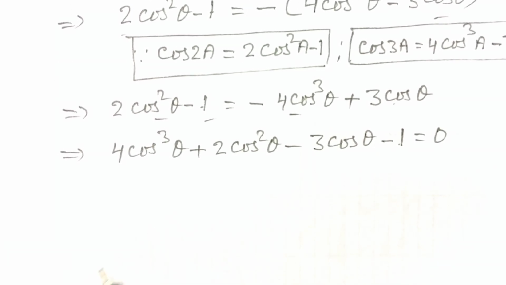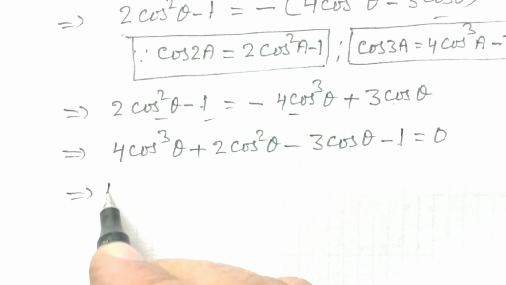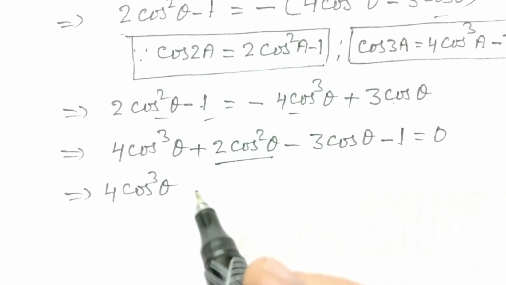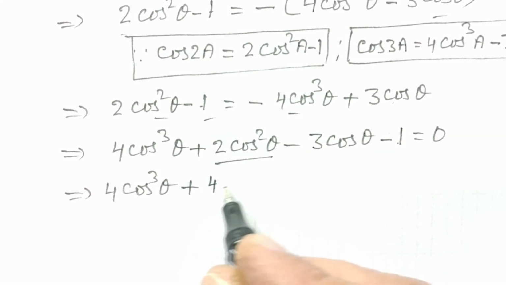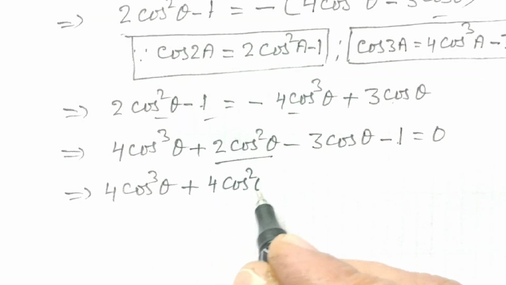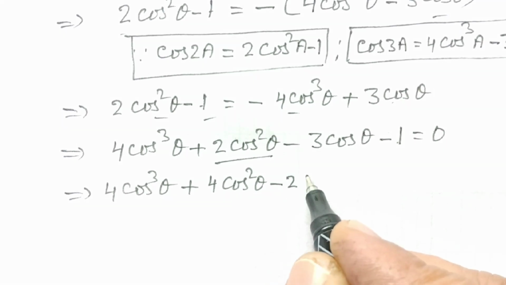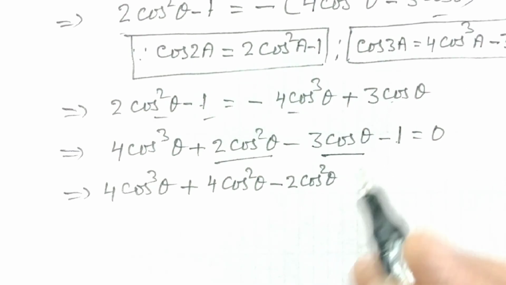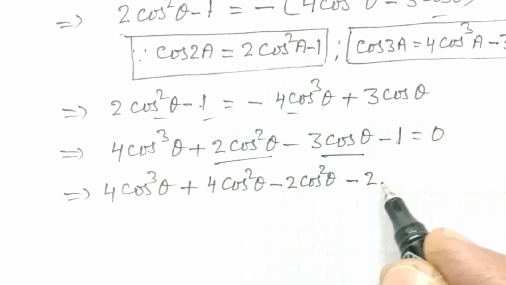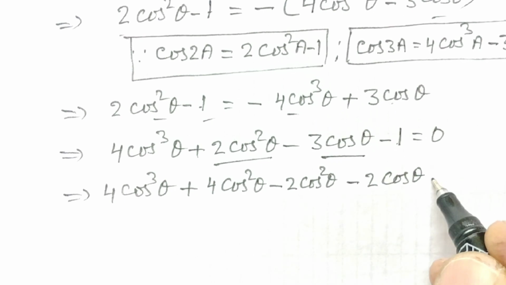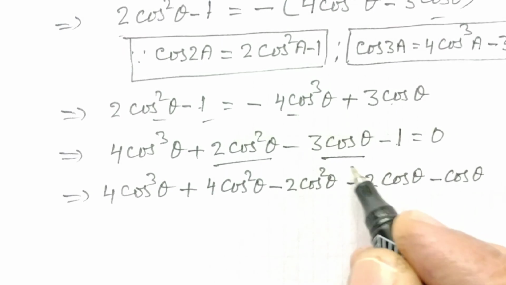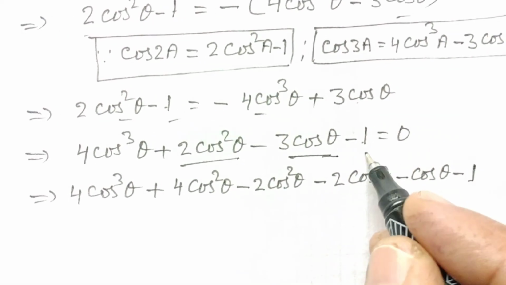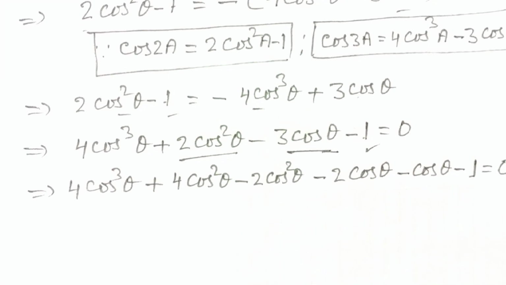Right? Now 4 cos cube theta, if we break this as plus 4 cos square theta minus 2 cos square theta. Fine. And again break this as minus 2 cos theta minus cos theta. Right? Minus 1 is equal to 0. Right?